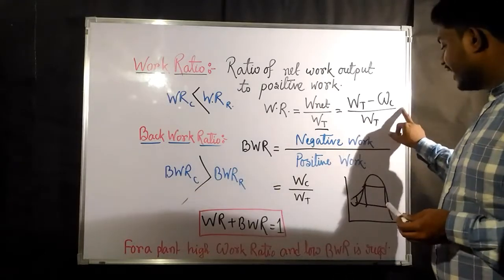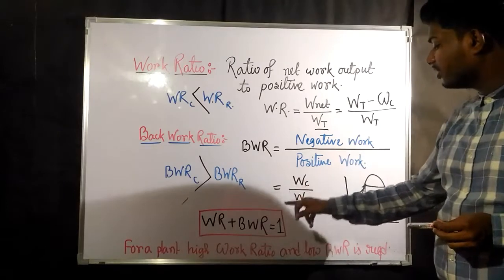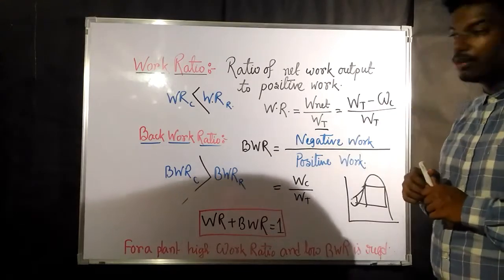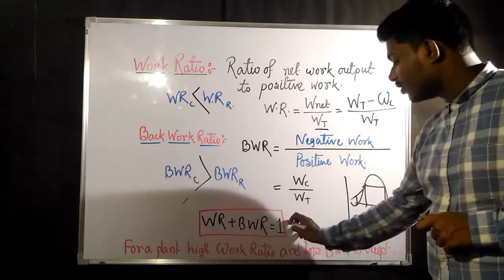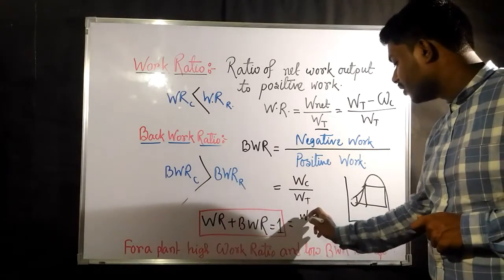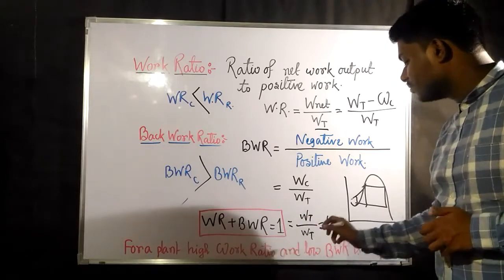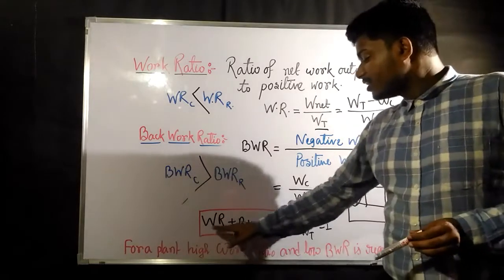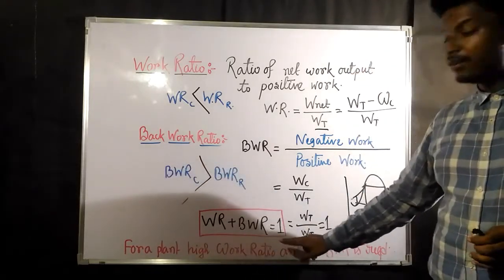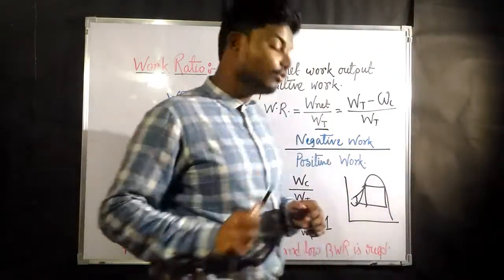If you add these, WC and WC get cancelled out. What would be remaining after the summation is work done by the turbine divided by work done by the turbine, which is obviously 1. So work ratio plus back work ratio is going to give you a result of 1.